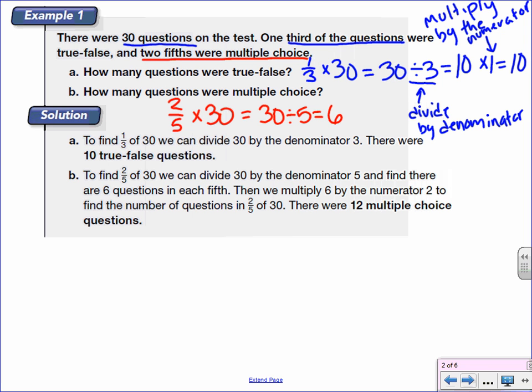So that's 6. And then multiplied by the numerator, 2. So that's 12. So this again is dividing by the denominator, excuse me, and this is multiplying by the numerator.